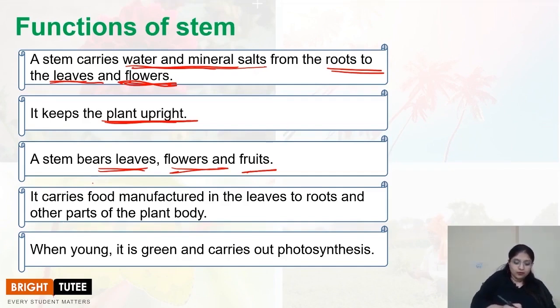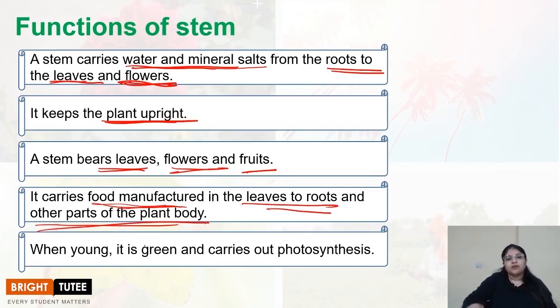Then it carries the food manufactured in the leaves to the roots and other parts of the plant body, right? So from the root it takes the water and minerals to the leaves. And from the leaves, stem allows the movement of food to all the different parts of the body of the plant.